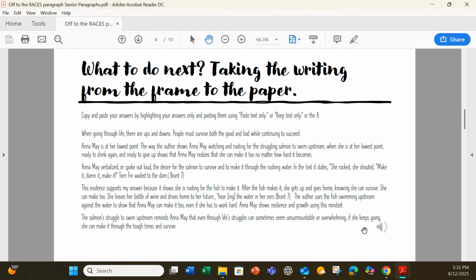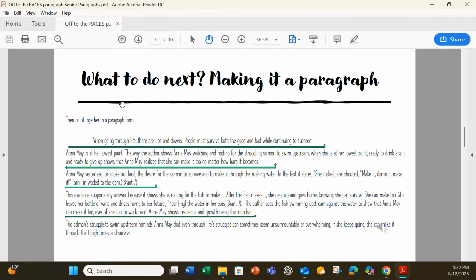Once you have it in Word, you can do all the editing you want. We're going to start by moving these sentences together to make it look like a paragraph. So we're going to say Anna is going to be moved up. You're going to push delete or backspace until it is close to the period on succeed.